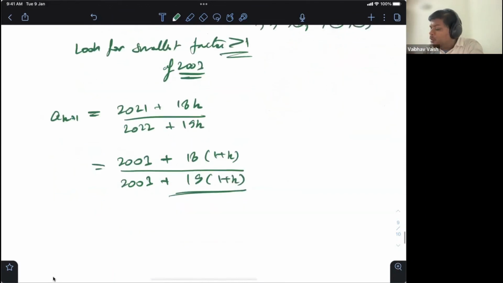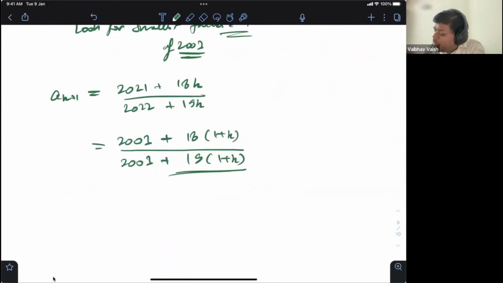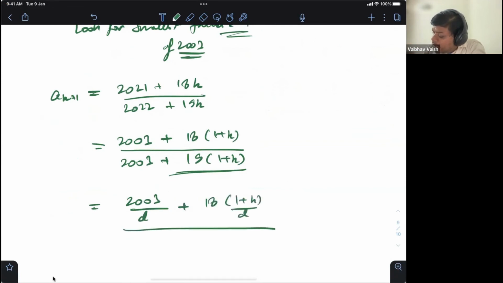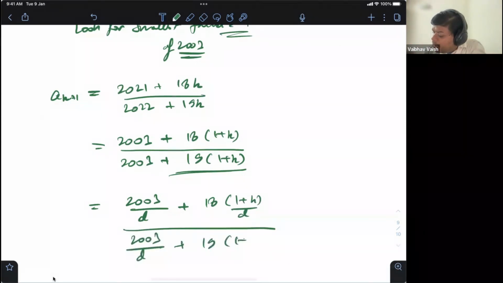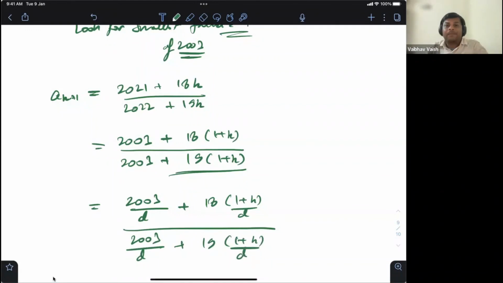So the common factor, when you actually make the division, this becomes (2003 by D plus 18 times (1 plus K) by D) by (2003 by D plus 19 times (1 plus K) by D). Okay. So this is what happens now, right?